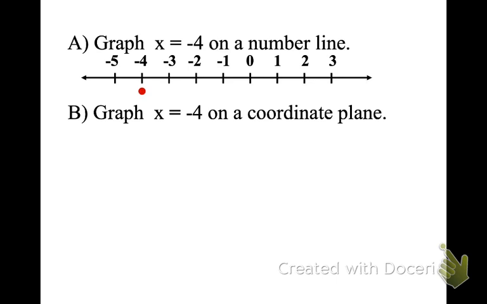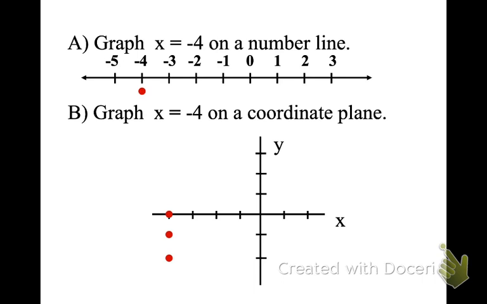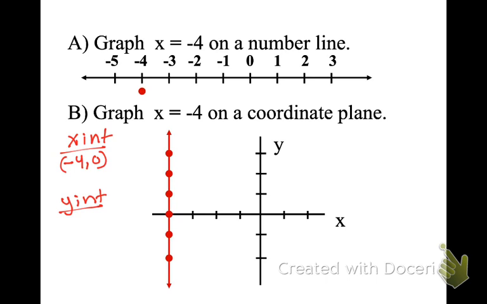Whereas if we do x equals negative 4 on the coordinate plane, it's an entire line. What is the x-intercept here? Negative 4, 0. What is the y-intercept? None. You get the idea?